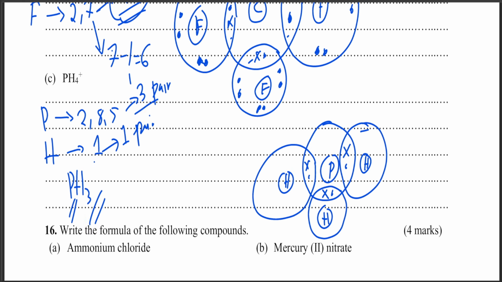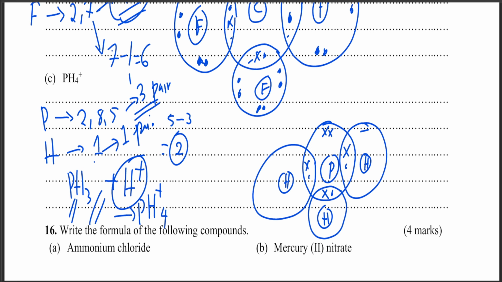Now if it has used 3 pairs of electrons, if you take 5 minus 3, it's going to remain with 2 electrons. This is the 2 electrons outside. Because this is PH3 and you're going to add H plus so that you get PH4 plus: the hydrogen ion doesn't have an electron. Remember hydrogen has 1 electron; if it's a positively charged ion it loses 1 electron and has 0 electrons.